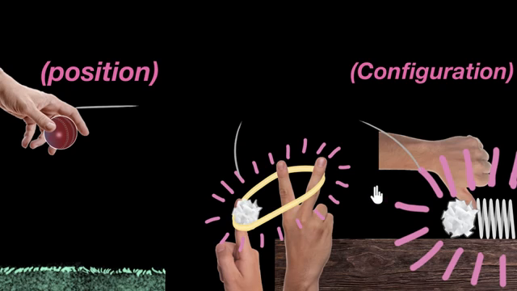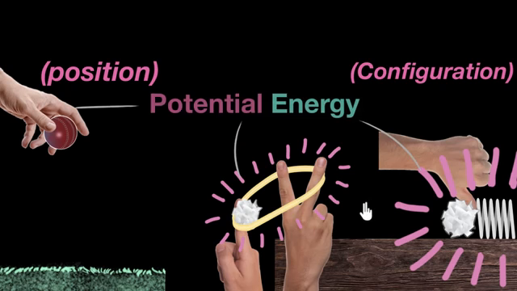And that's why we call these energies potential energy. So the word potential is basically saying these energies are waiting to be kinetic. It's not kinetic yet, but it's potential. It's waiting for it, okay? And what does potential energy depend on? Well, it can depend on the position of the object, or it can depend upon the configuration of our objects, all right?